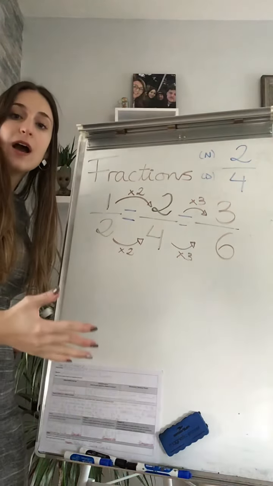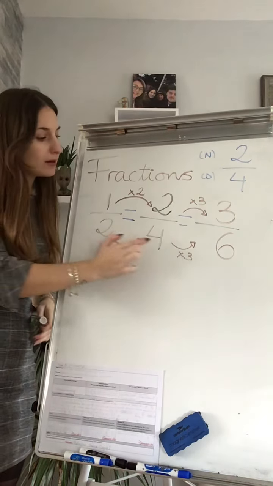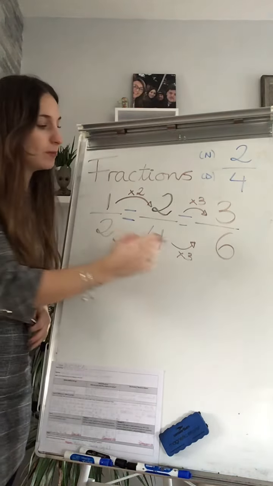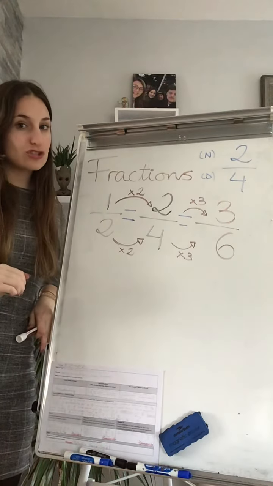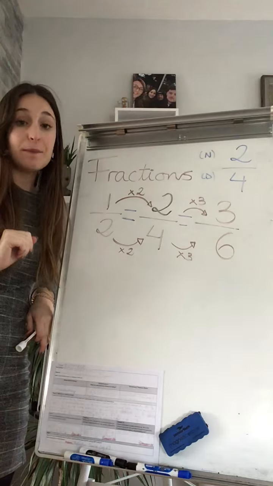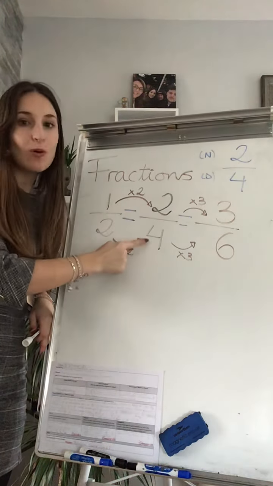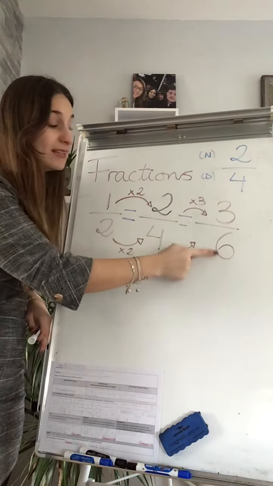So if you have 3 pizzas, one is cut into 2 equal parts, the other one is cut into 4 equal parts, and the other one is cut into 6 equal parts, you will be eating the same amount if you eat 1/2, 2 quarters, or 3/6.